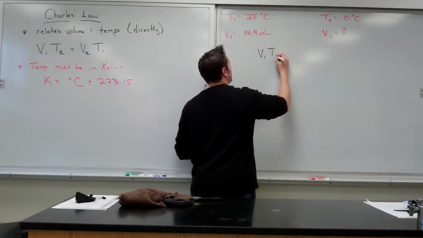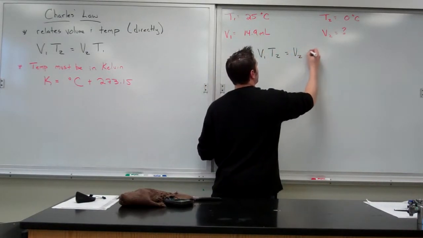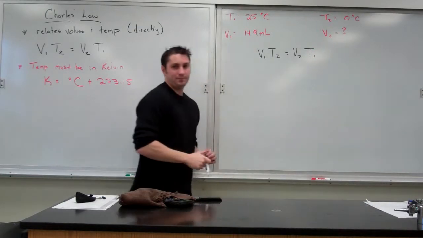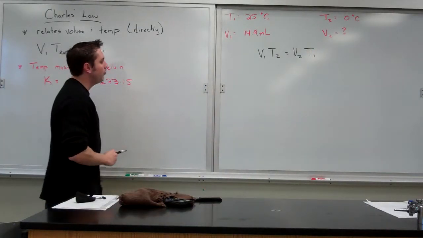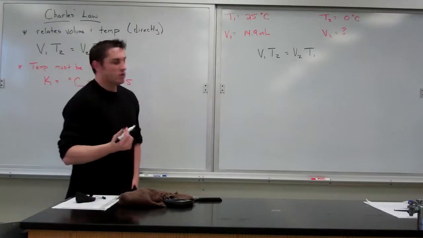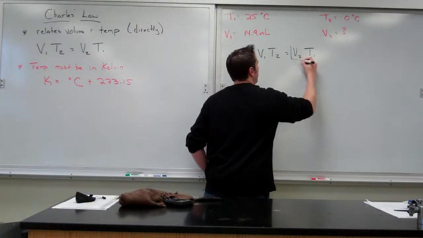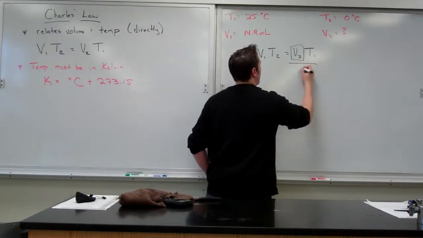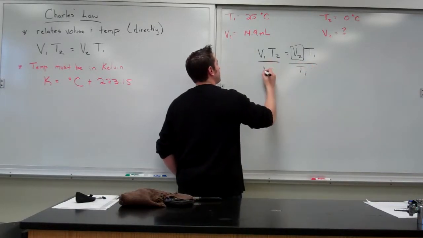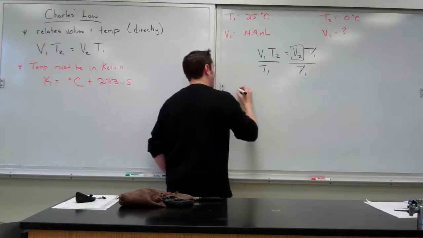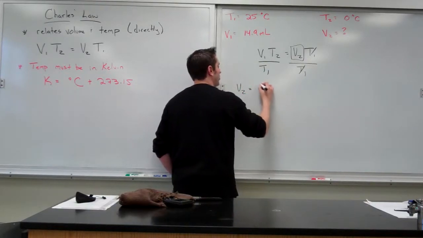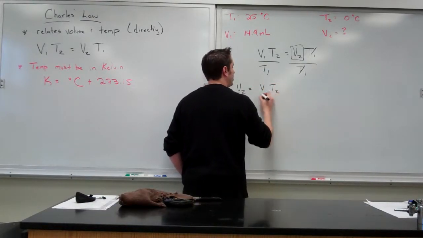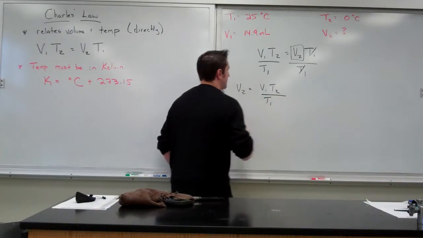V1 T2 equals V2 T1. Again, solve for what we are looking for. V2, opposite of what I see, is divided by T1, leaving me with V2 equals V1 T2 over T1.